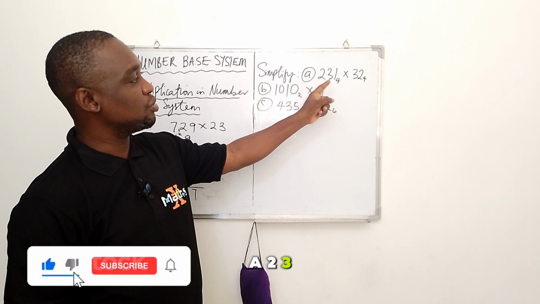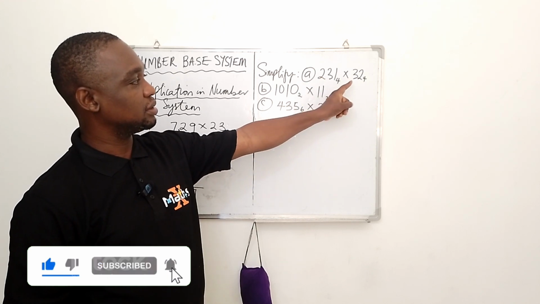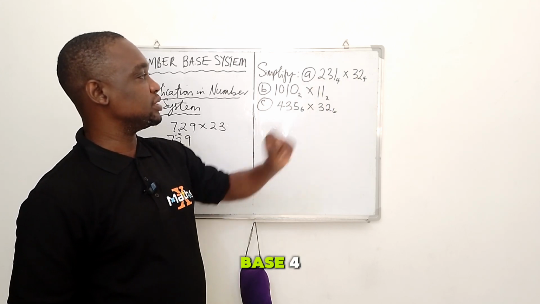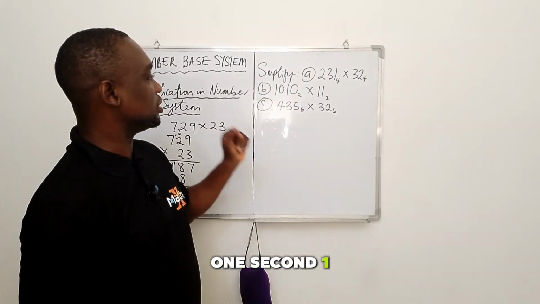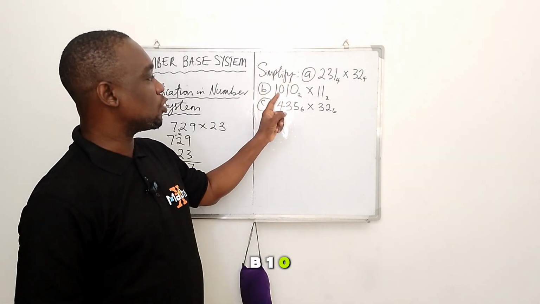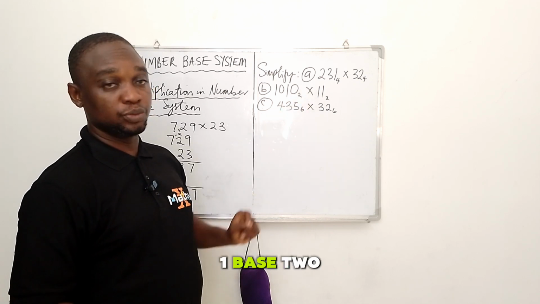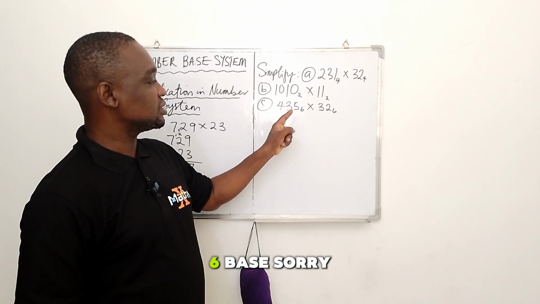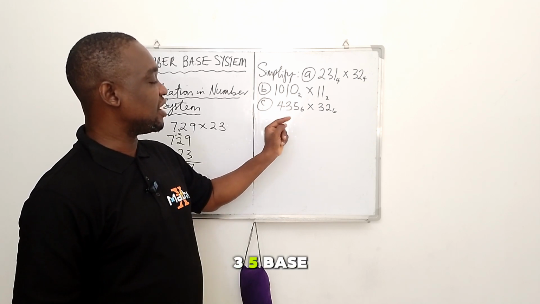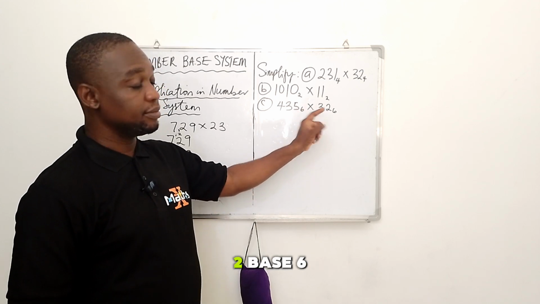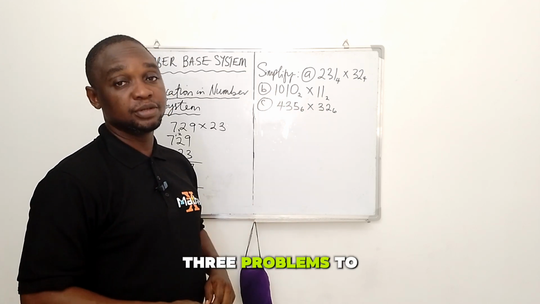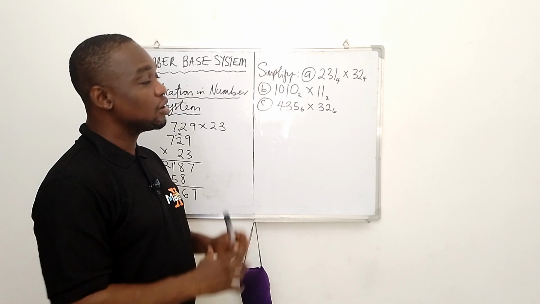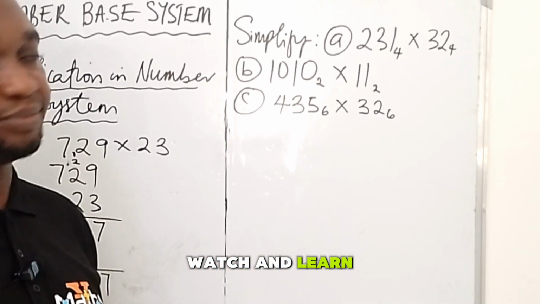A, 231 base 4 times 32 base 4. Second one, B, 1010 base 2 times 11 base 2. C, 435 base 6 times 32 base 6. So we have 3 problems to multiply in other bases. My dear students and viewers, watch and learn.